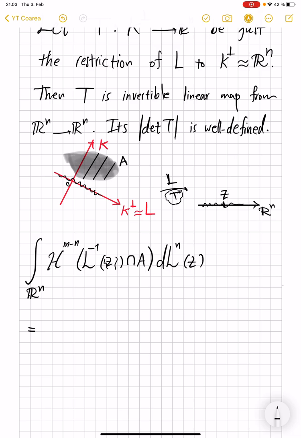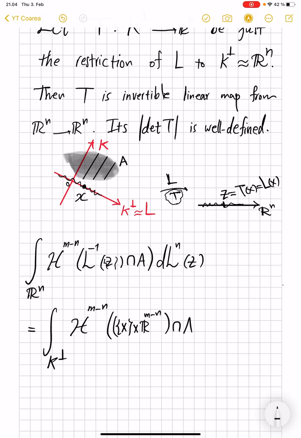And the result will be that this will be integrate over this pre-image Rn, which is just K complement, so maybe this is better notation. This quantity here will be, okay, z, let's say, comes from this x. So z is T of x, which is L of x. So this will be the fiber above x, so this will be x times R^(m-n) intersected with A. So this function of x is exactly equal to this function of z.